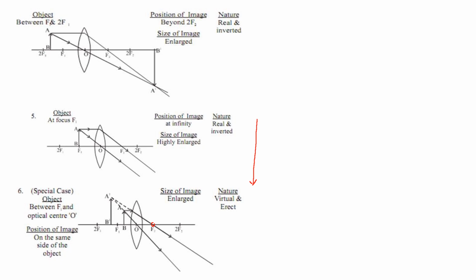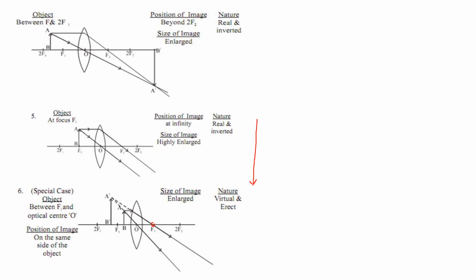So how is the image formed in such cases? In such cases what we will do is extend these lines. This ray is just extended back, and even this ray from here is extended back. Now you will see they are going to meet somewhere over here, right? And the image formed over here is erect. Erect images are always virtual, right?